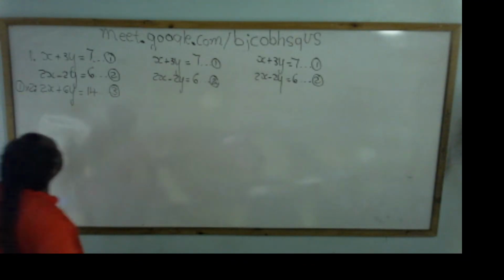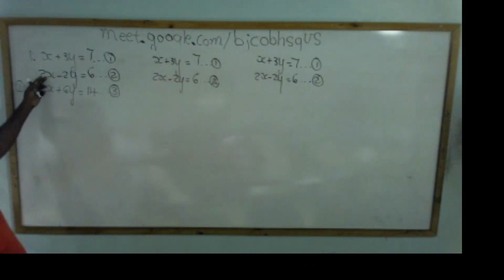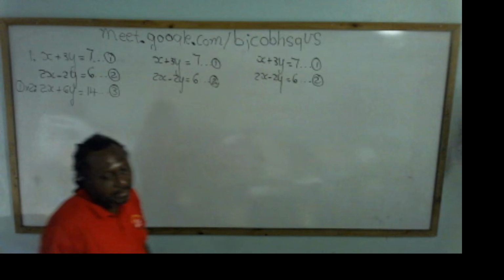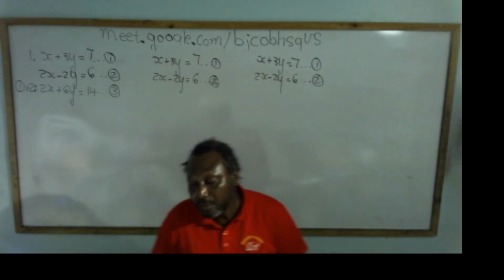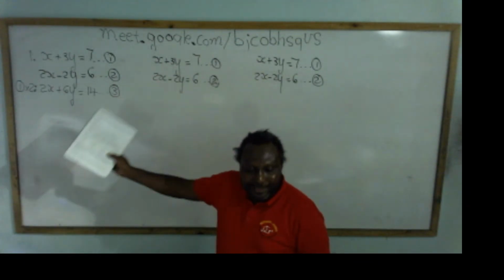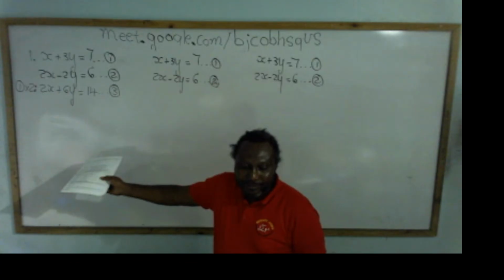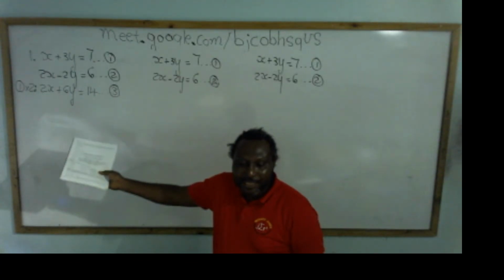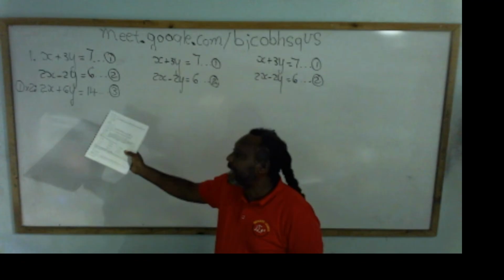Notice now that we have 2x here and 2x here, we are ready to eliminate. Since they are identical, they are not additive inverses, so we will eliminate the x's by subtraction.